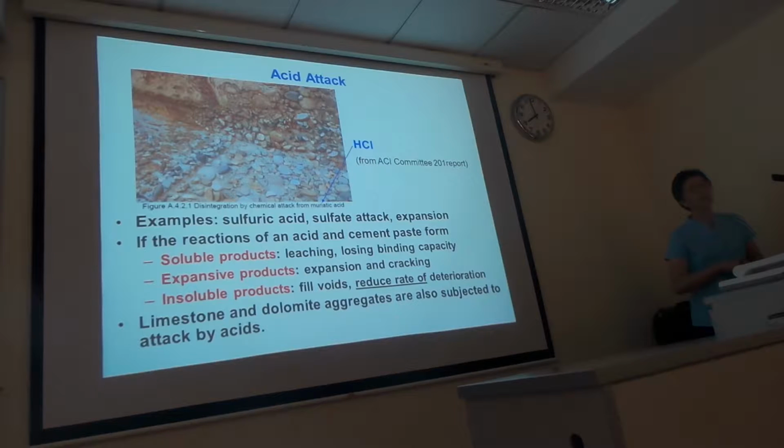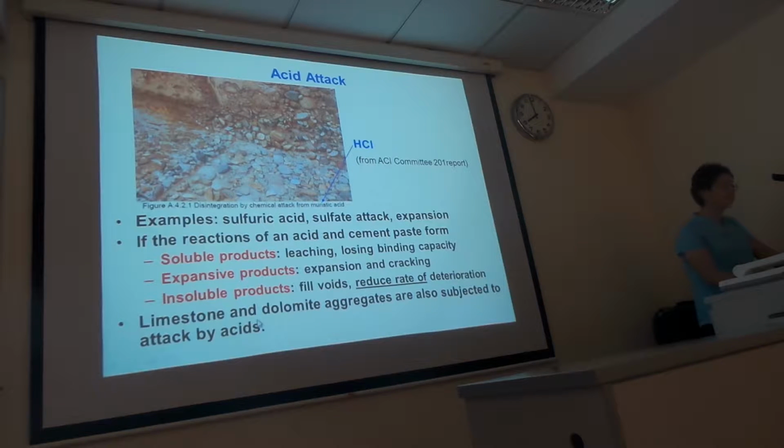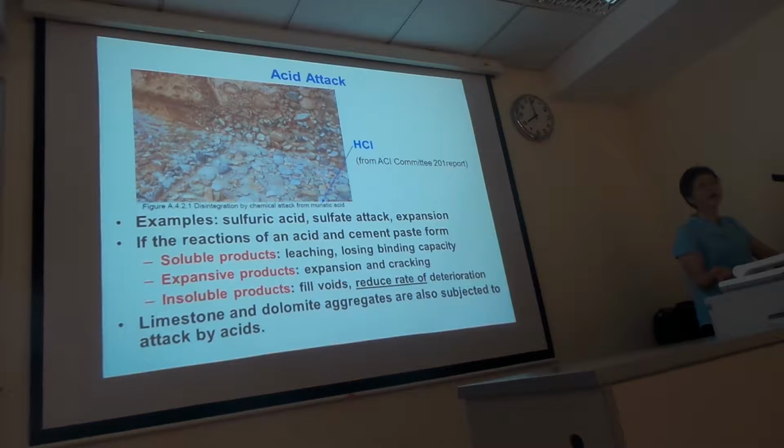In principle, when we talk about the corrosion of concrete exposed to an acidic environment, as we talk about these two chemical reactions, the acid actually attacks cement paste. However, in real life, it has been observed that depending on what type of aggregate is used in the concrete, it also has some effect on the durability of the concrete.